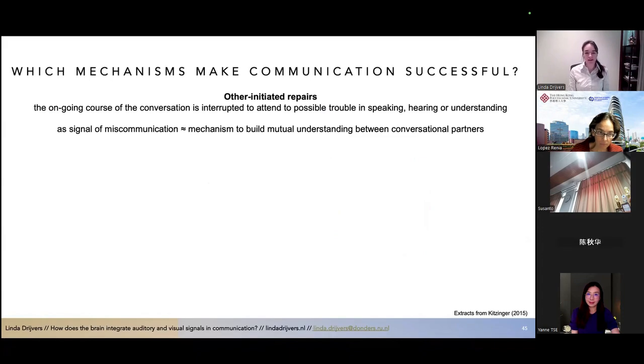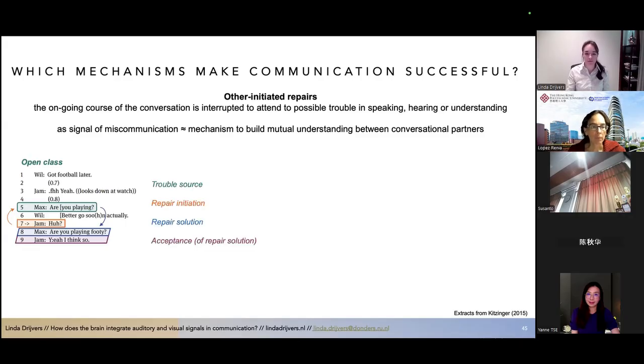Other-initiated repair can be described as the ongoing course of the conversation being interrupted to attend to possible trouble in speaking, hearing, or understanding. So we can take this as a signal of miscommunication, a mechanism to build mutual understanding between conversational partners.